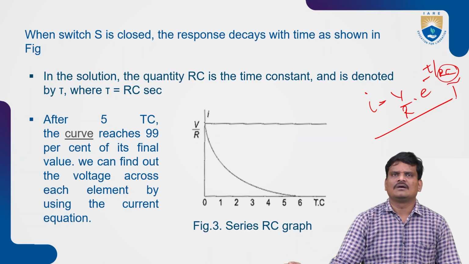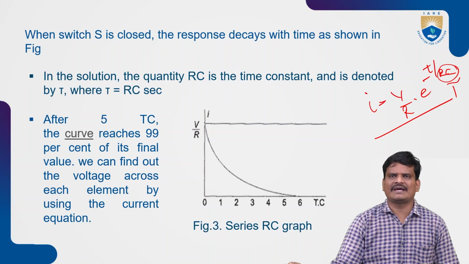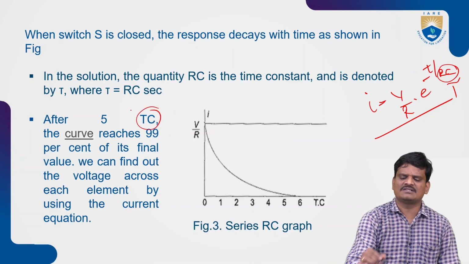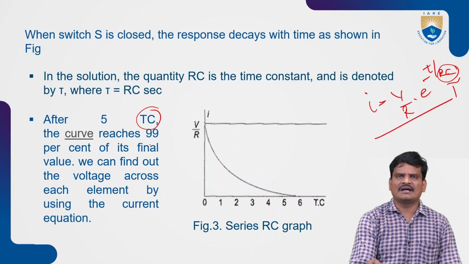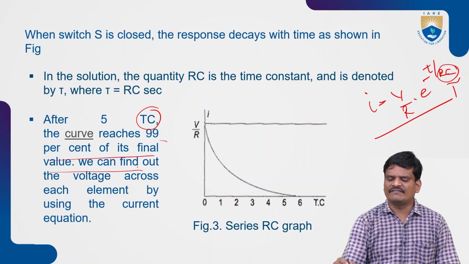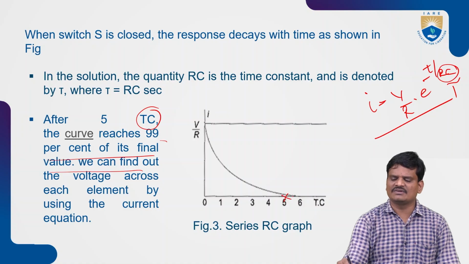Tau. Now I want to change the value of time in terms of time constants. After 5 time constants, the curve reaches 99% of its final value. After reaching the 5 time constants, you can see here that the curve is automatically reaching the final value.